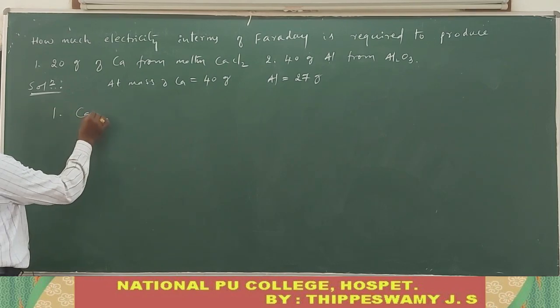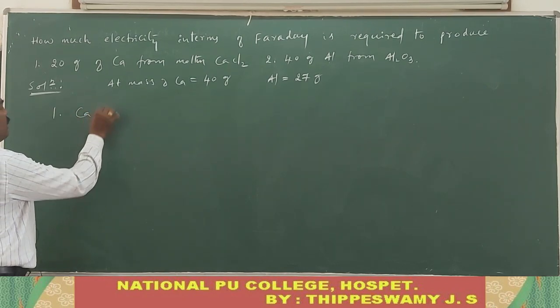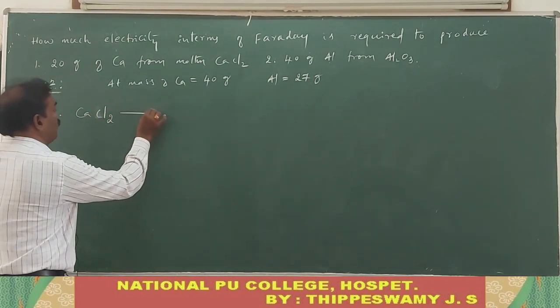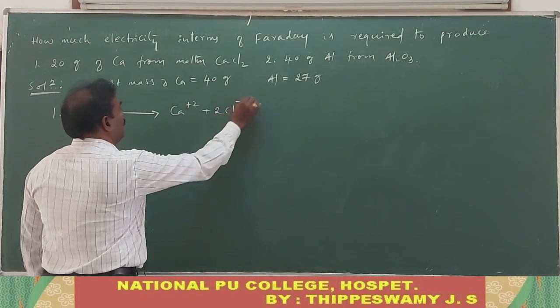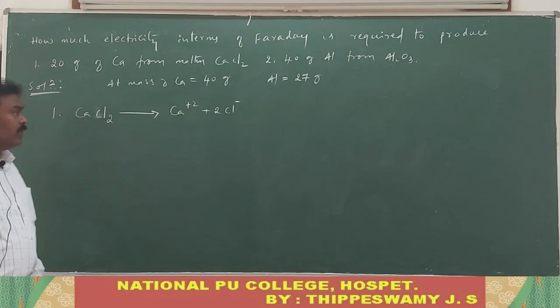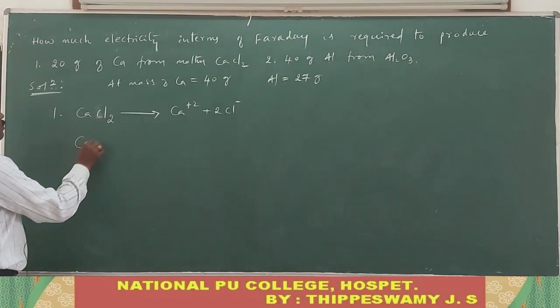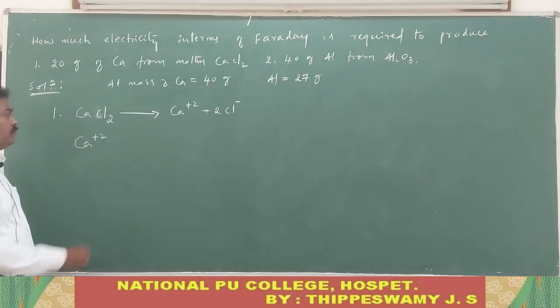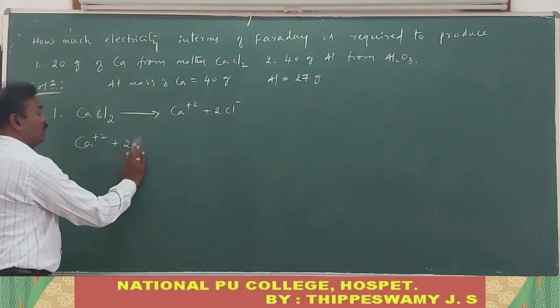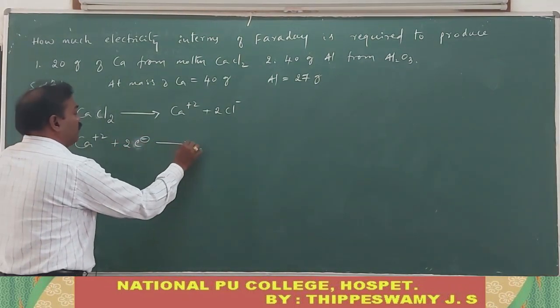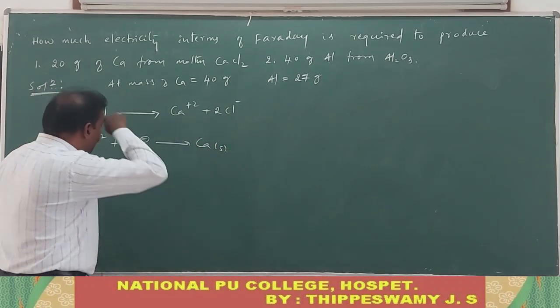Calcium chloride undergoes ionization to form calcium ion and 2 moles of the chloride ions. Now here we take calcium ion, formula will be Ca plus 2. It requires 2 Faraday of electricity or 2 moles of electrons, forming calcium solid.